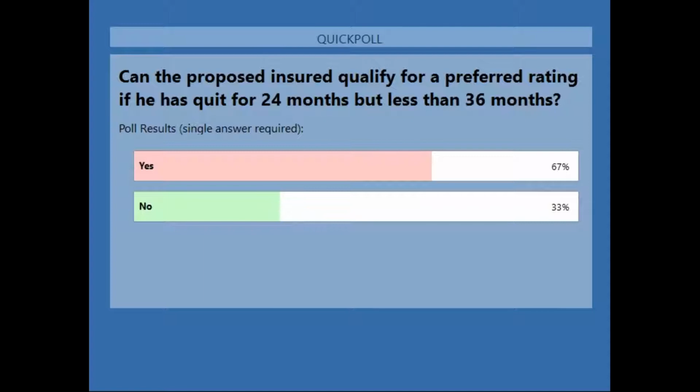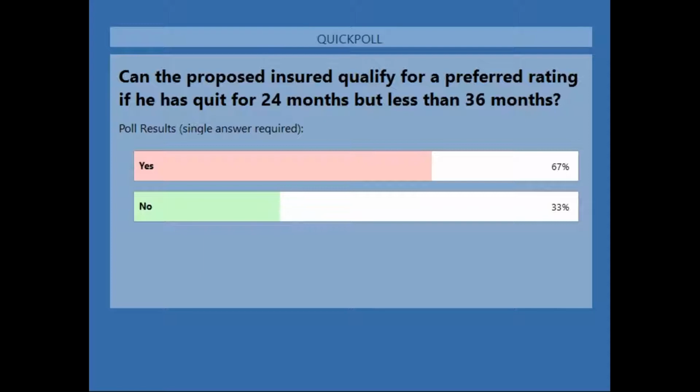There are exceptions. I can think of one carrier in our portfolio that will consider that 25-month quit smoking as a preferred rate. Not preferred best, but preferred. The greater majority, well, all carriers but that one, won't.